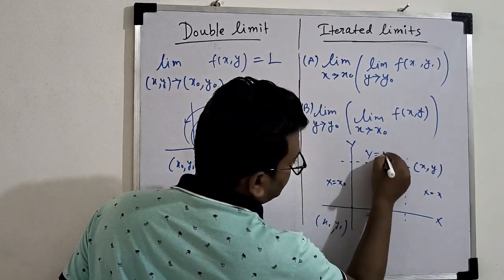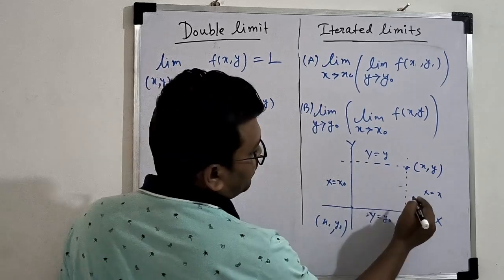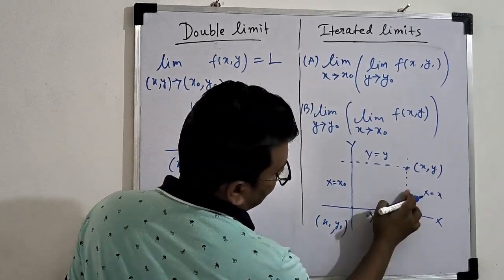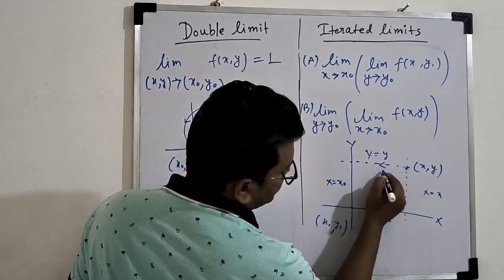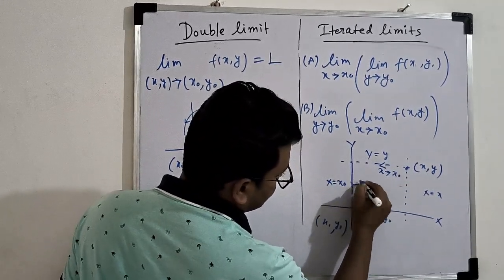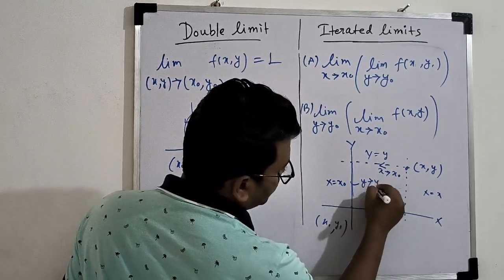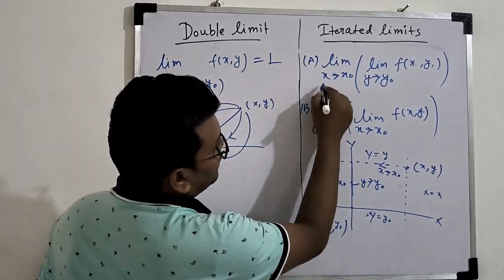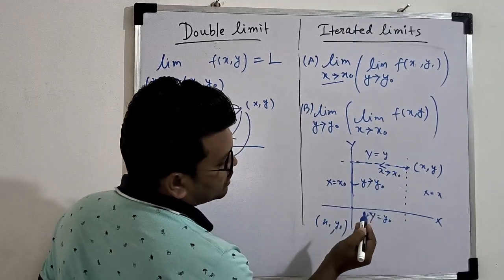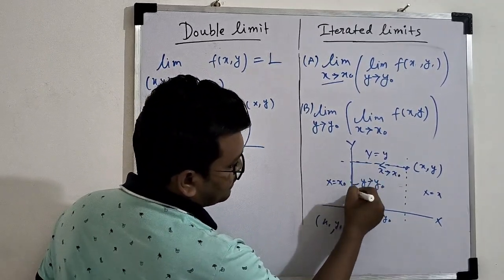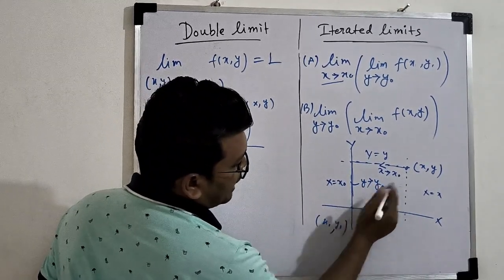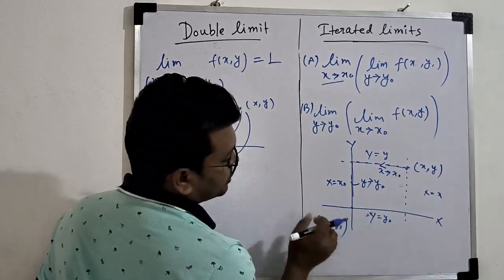In this case, first x approaches x0, that is, through this path x approaches x0, and then y approaches y0. So first x approaches x0, and then from here y approaches y0, and ultimately (x,y) approaches (x0,y0).